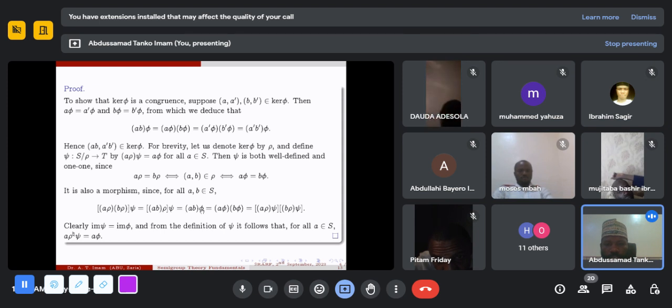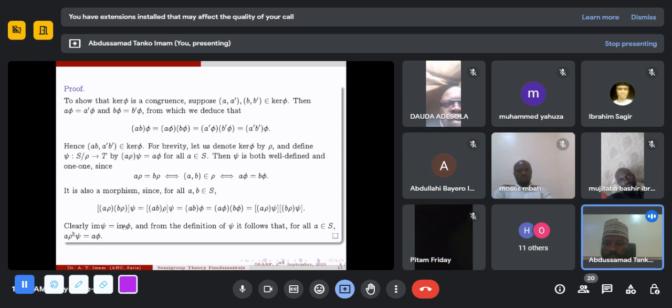And phi is a morphism, so it preserves the composition. So over here, you can pass phi over the product. So you have A phi and then B phi. But this is the image of the rho equivalence class of A on the side, and that is the image of the rho equivalence class of B on the side as well. So therefore, this side is composition preserving, and so it is a morphism.